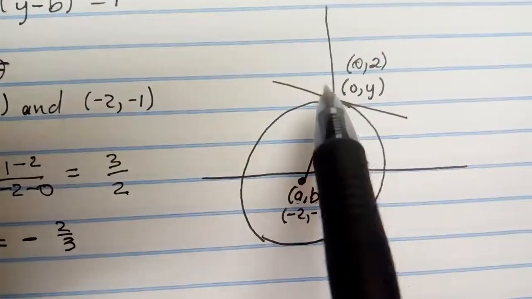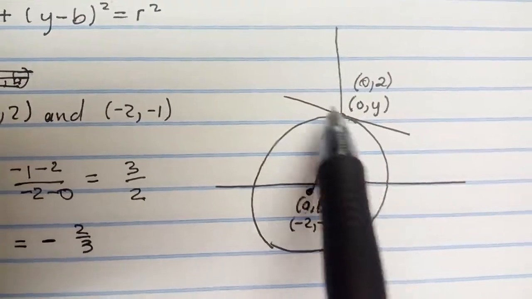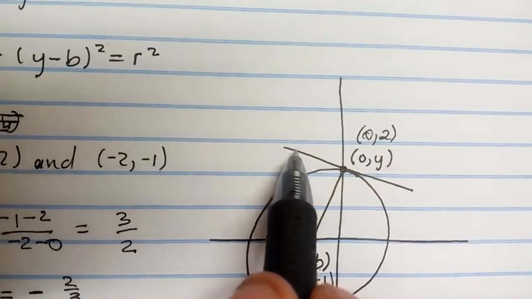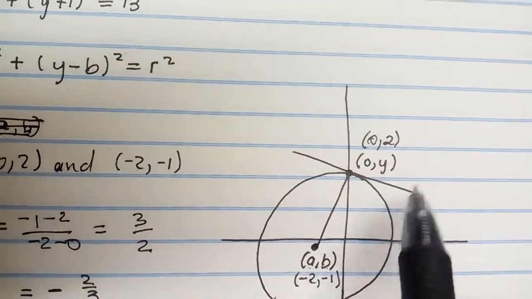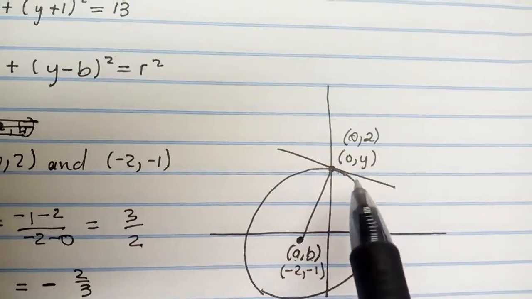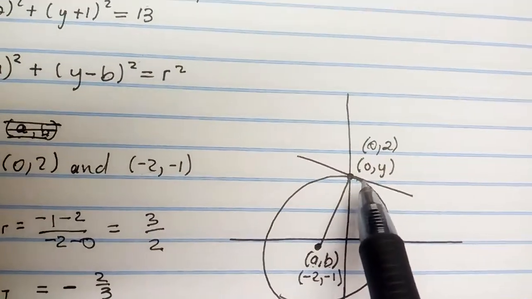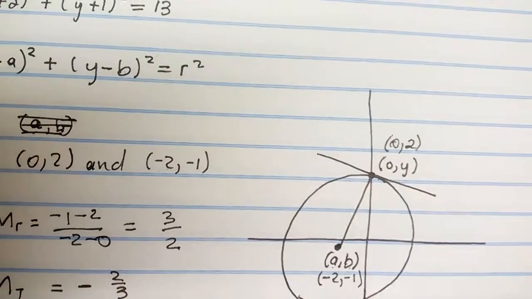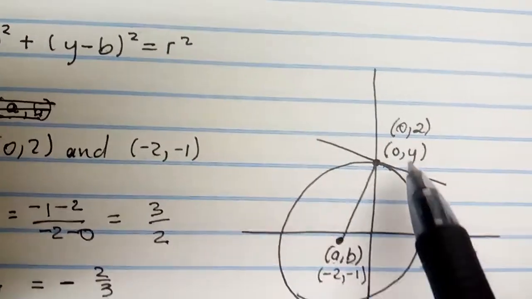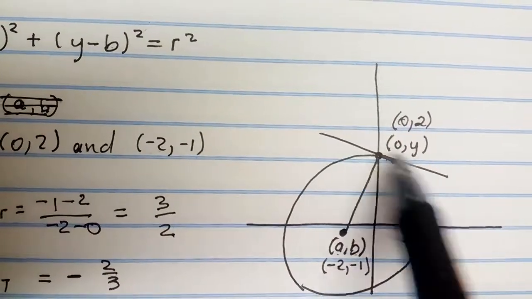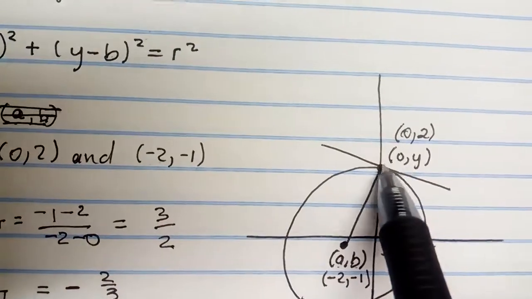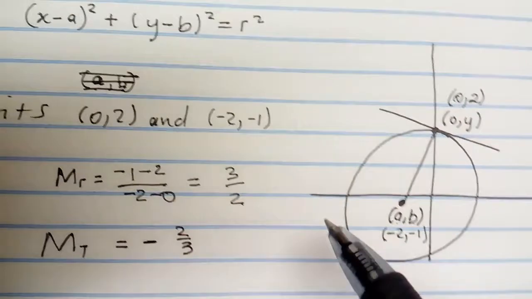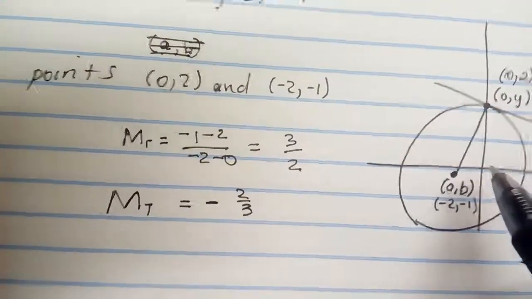So now going back to our diagram, knowing that the equation of this line needs 2 things, which is number 1, a point and a gradient, or 2, 2 points. But in the situation right now, we already have the gradient of the tangent line, and we also have a point (0, 2).